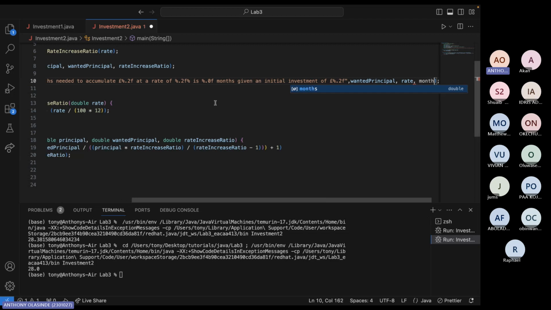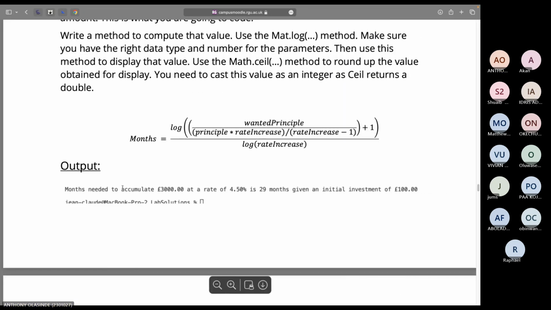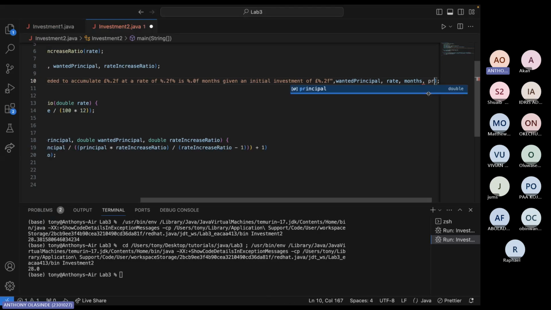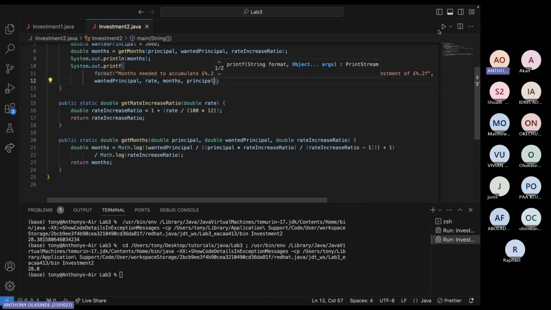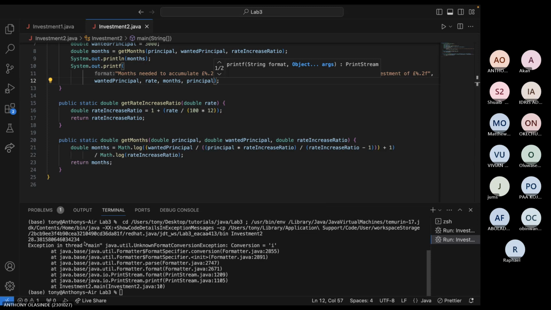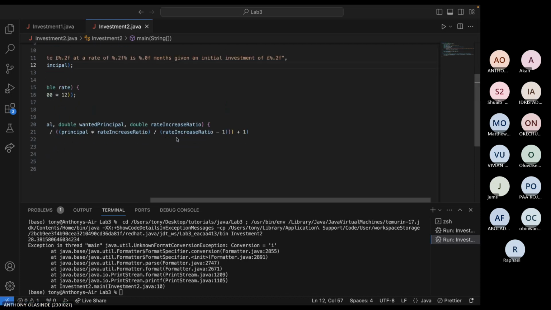Is months given an initial investment of, that's the initial principal, so principal, right? Okay. So we have conversion equals what's going on there?